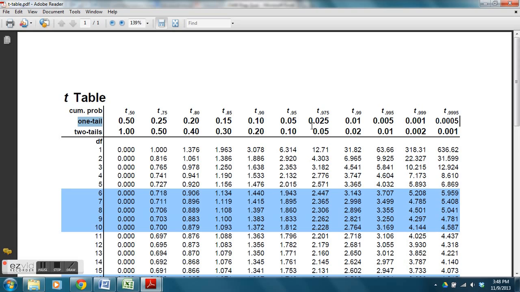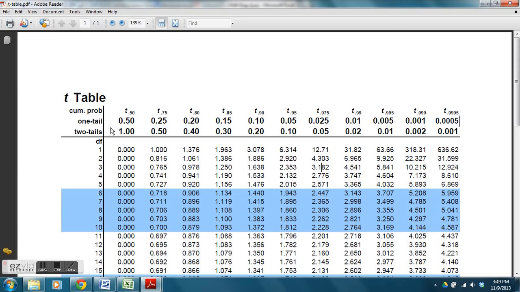In this case, we want to use 0.025. That's right here, so we want to use this column. And right here, this shows the area of two tails. That's our alpha. Our alpha is 0.05 because that's the total amount of error we are allowing, and that error is in both the tails. So two tails has 0.05, one tail has 0.025.